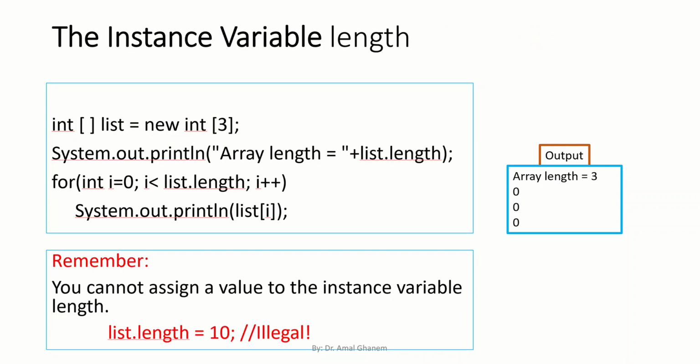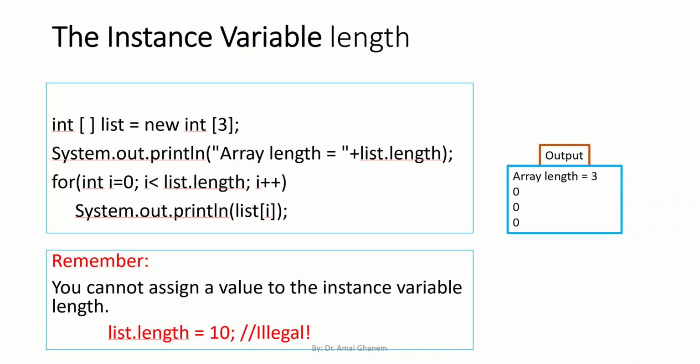Just to recap about the length of the array, if I have the statement int[] list = new int[3]; System.out.println("array length = " + list.length); it will output the length of your array. So you will have array length equal to 3, because the creation you start with is 3.